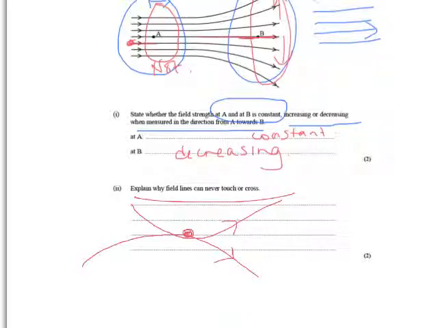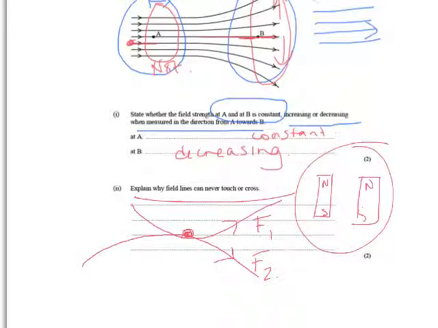Well, when that happens, you have an object experiencing two forces. And although this does happen when you get two field line patterns interacting with each other, like for example north and north, south and south, you've seen what happens when the field lines overlap. You end up having a cancellation of forces.